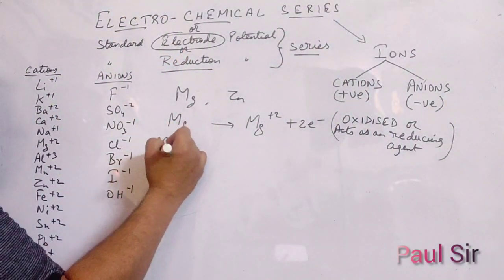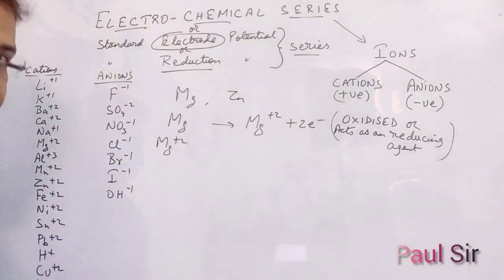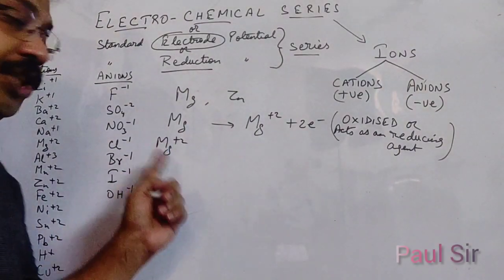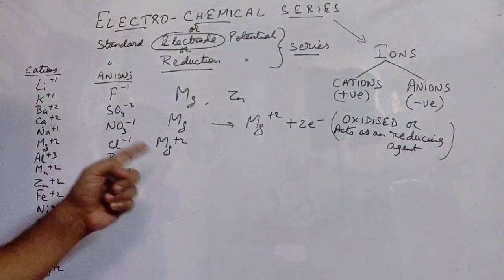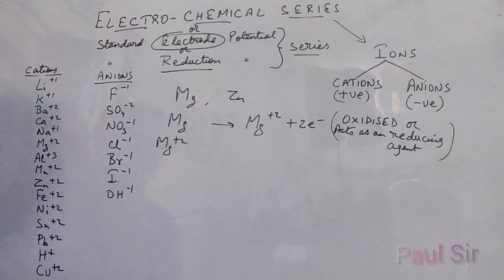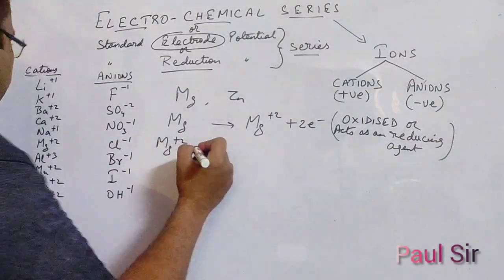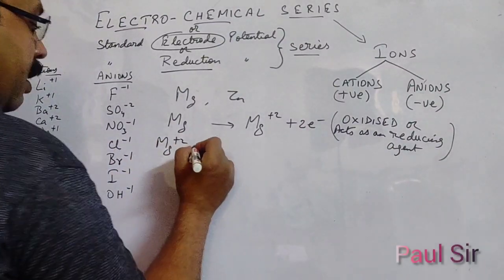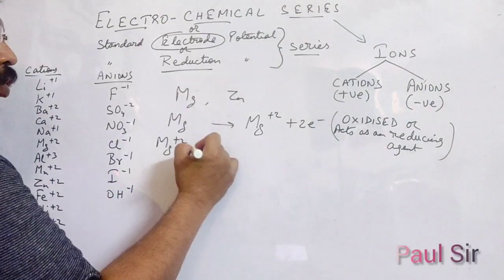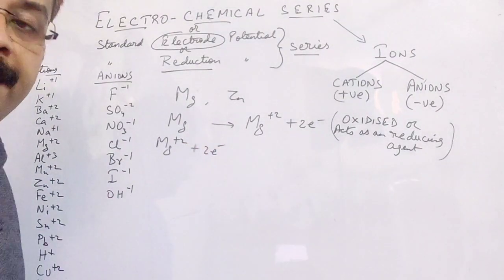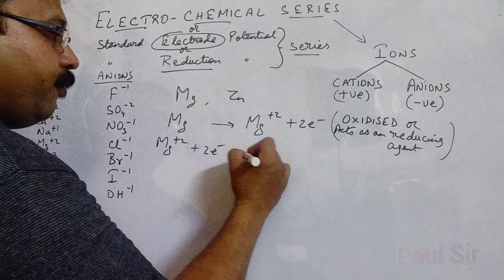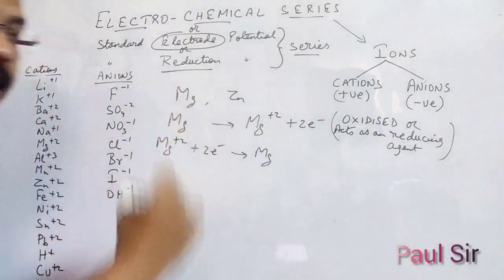Similarly, if we say magnesium ions, now it's a charged particle. Now we're talking about charge for the electrochemical series, so we have to focus on this thing. If the magnesium ion is taken, then the magnesium ion will gain 2 electrons to form magnesium metal.